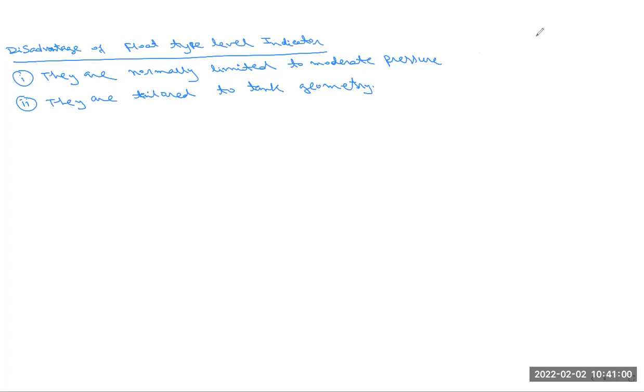So these are basically the two disadvantages of this float type level indicator. Number one, they are normally limited to moderate pressure. Number two, they are tailored to tank geometry also. So these are the little bit of disadvantages available.